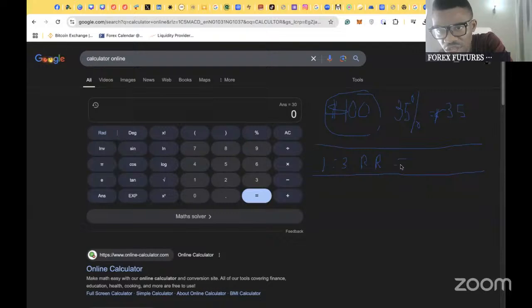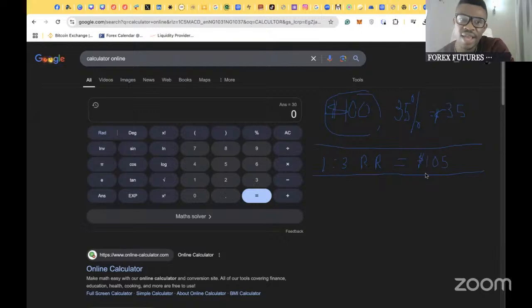That will give us a profit of 105, if I'm correct. So if the trade goes well, we make $105 profit. If the trade goes bad, we lose $35.